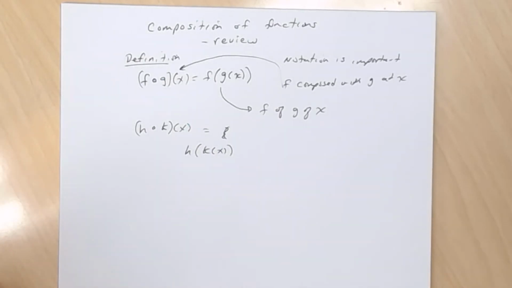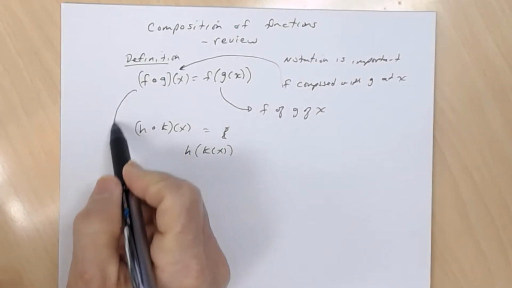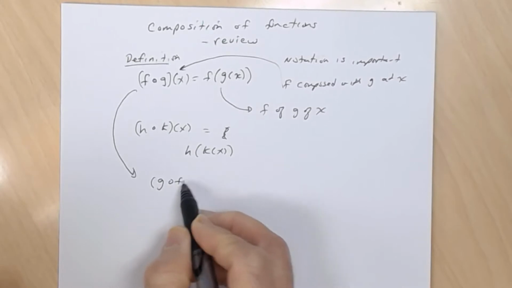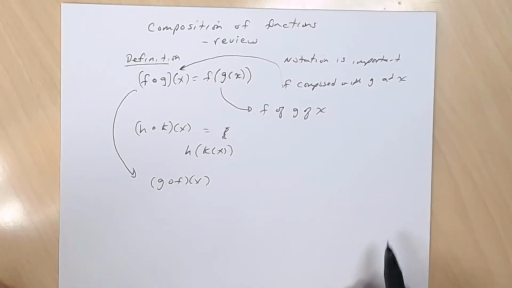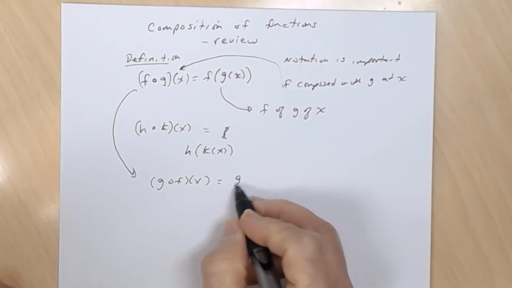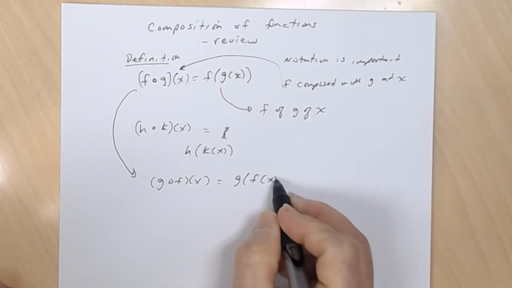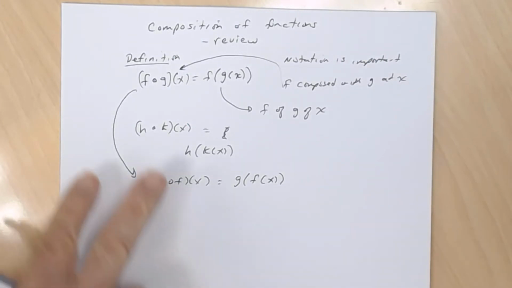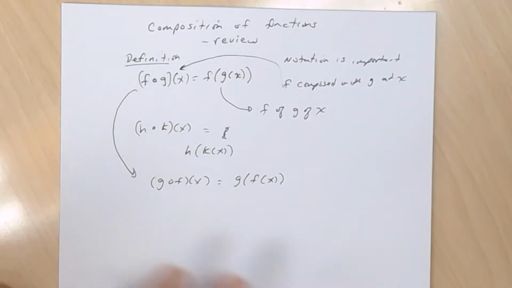That's how you write it. If you had this first, like this, do you know how to write that? That's going to be g of f of x. So that was basically some things you have to remember from previous lessons.